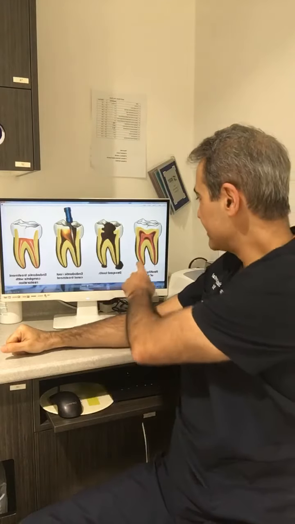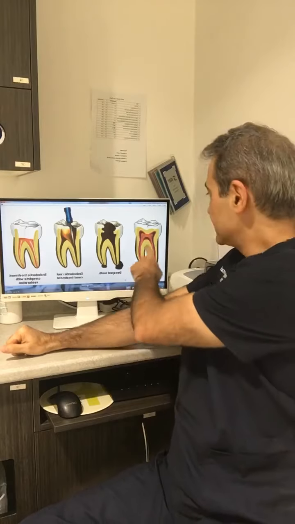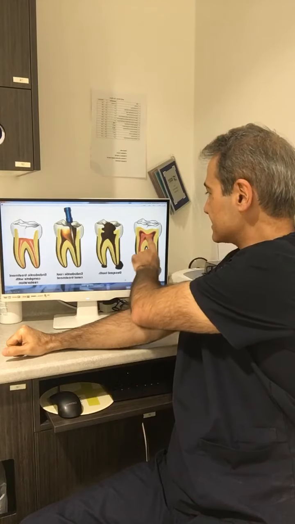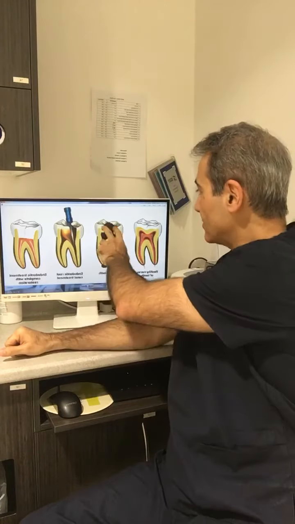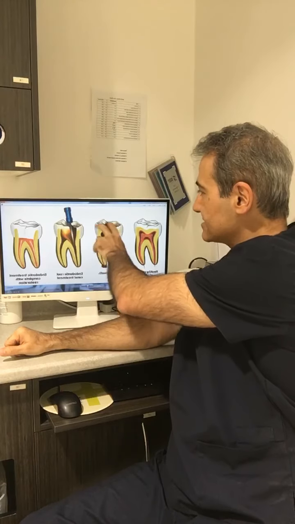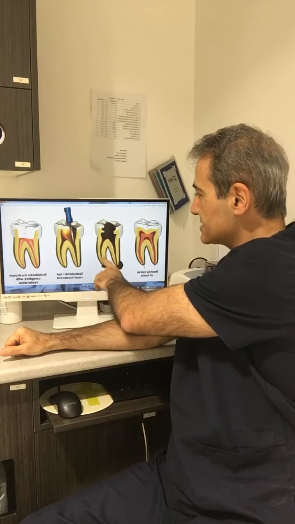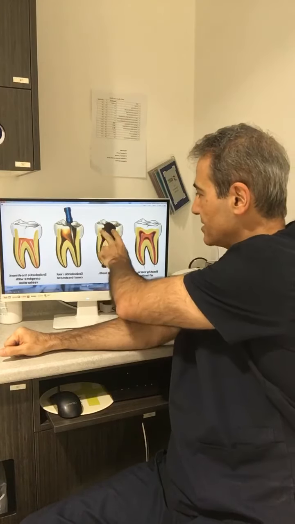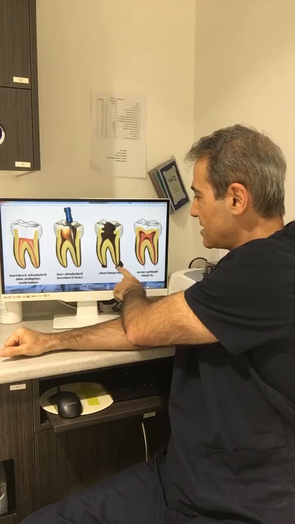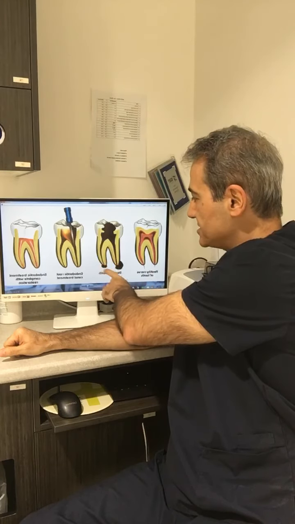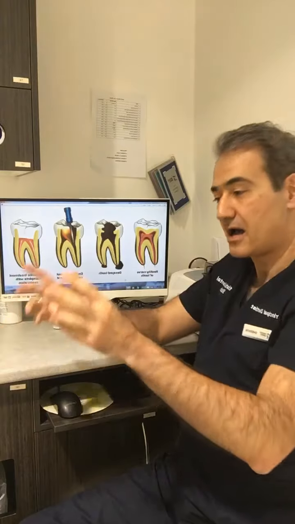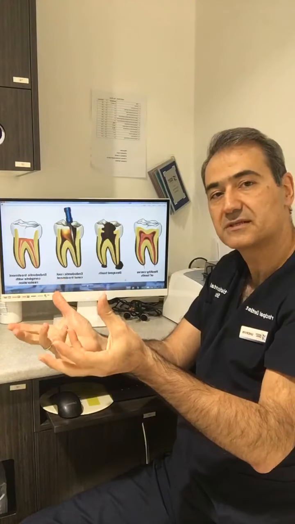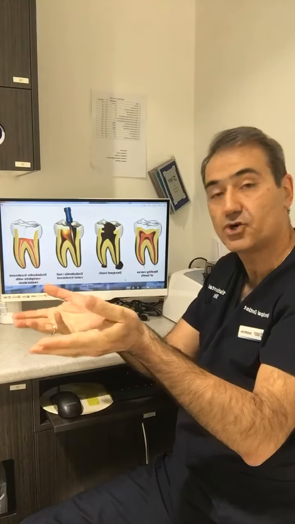You just have a look at this. This is a normal tooth with the nerve and blood vessels inside the tooth. After a while, if it gets decay, then the decay goes inside the roots and causes the nerve to die and causes some infection around the tip of the roots, and inside the jawbone.